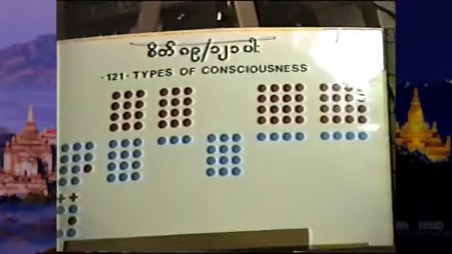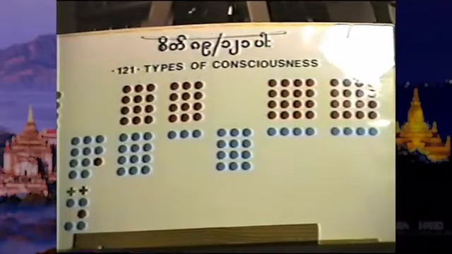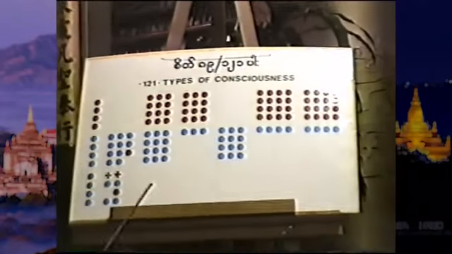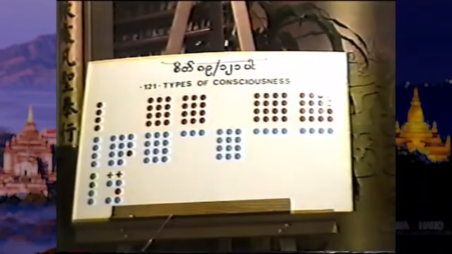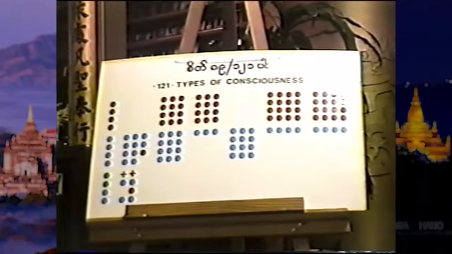How many altogether? 12. So these 12 take what as object? Sense-sphere cittas, all 54 kāmāvacara cittas, and 52 cetasikas, and 28 rūpas. Right.